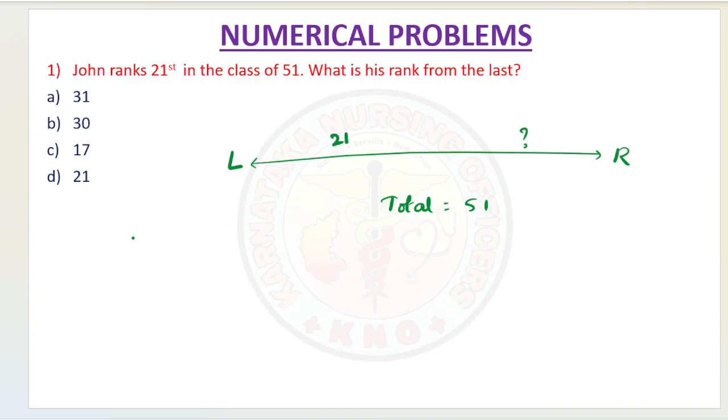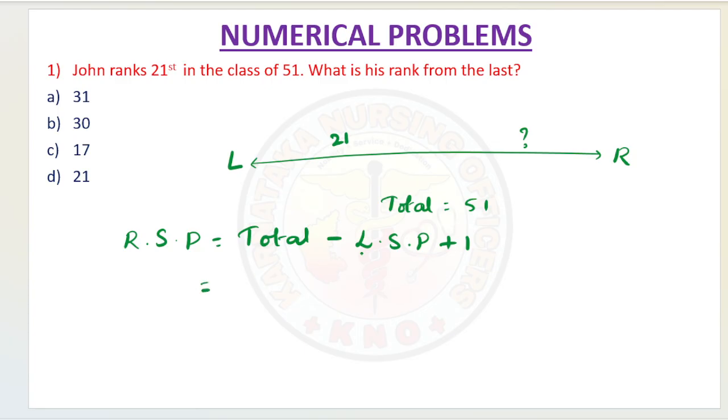So we know the formula, right? That is right side position, I am writing in short form as RSP, is equal to total minus left side position plus 1.